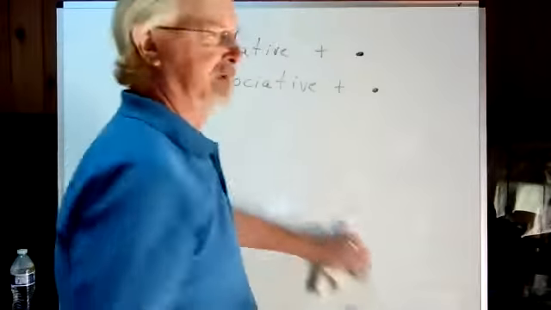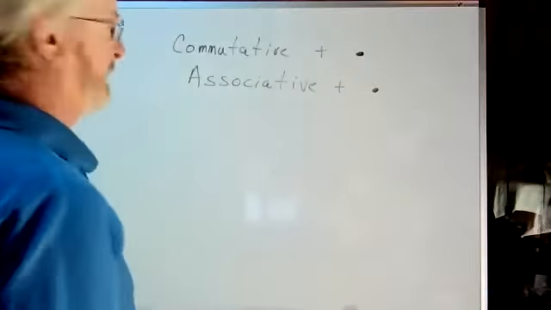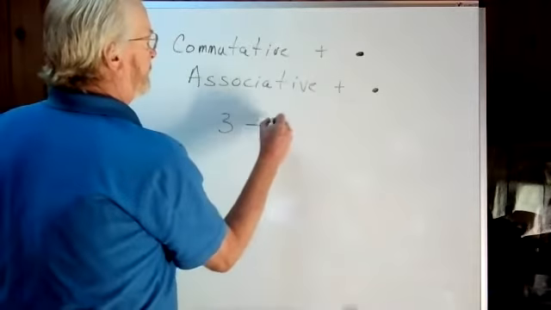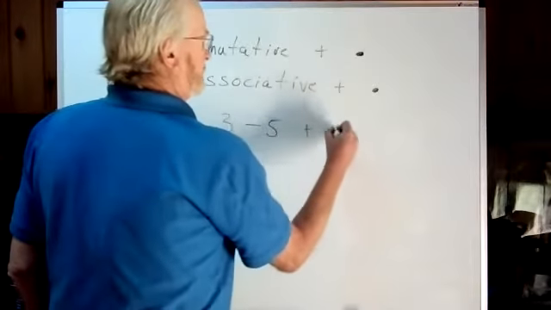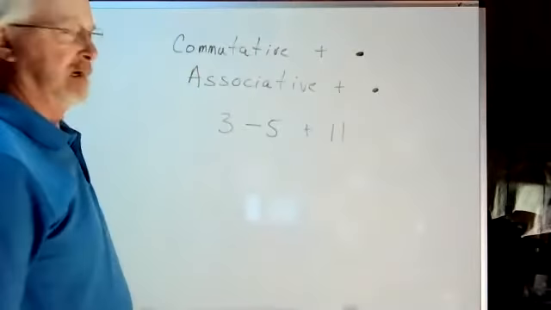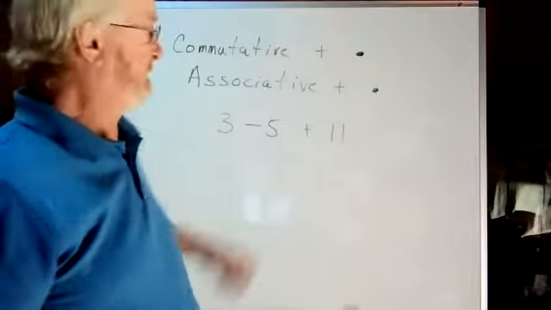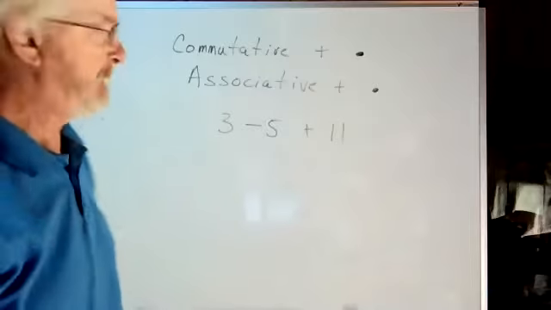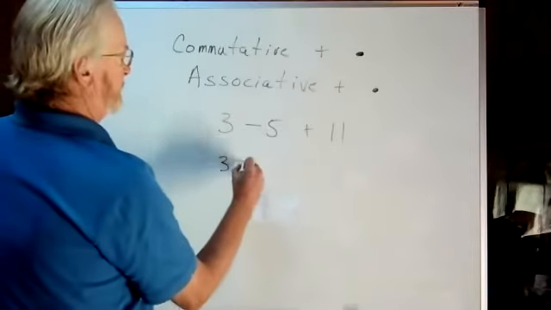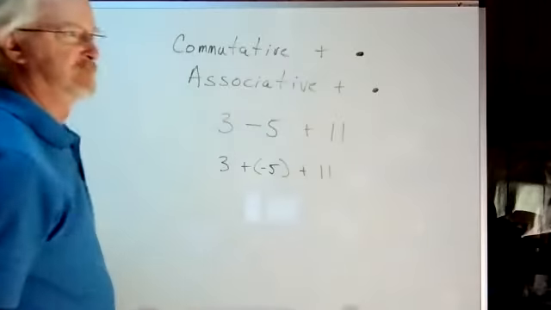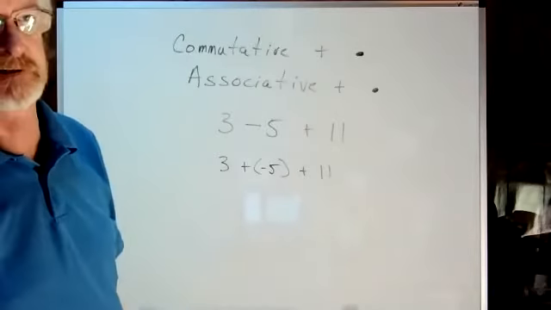One way that comes in handy is thinking about an expression. Let's see, 3 minus 5 plus, I don't know, 11, just make it up. To begin with, this doesn't look like a bunch of addition, right? We've got the subtraction in the middle. But remember, we could think of this as 3 plus -5 plus 11. Now it is a bunch of addition.